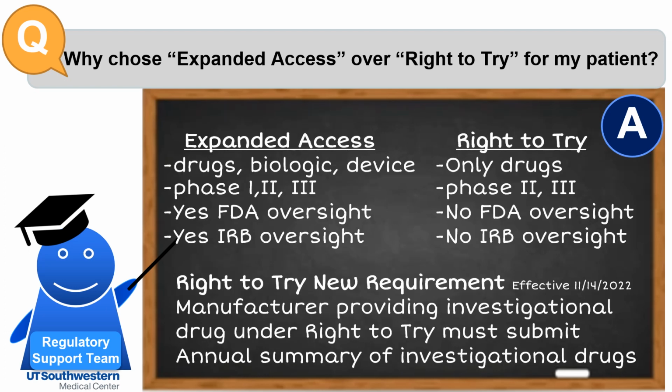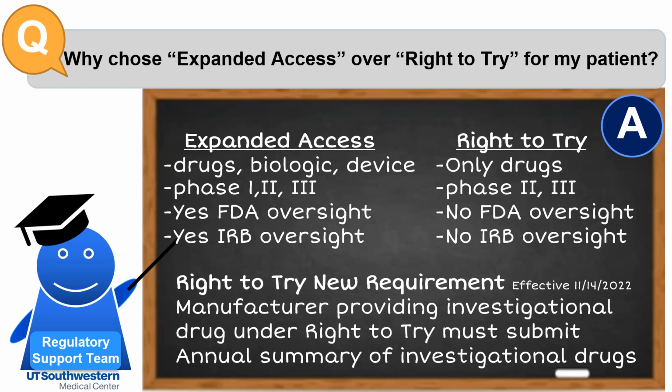Now, why would you choose expanded access over right to try? It's really the choice of the patient and physician, as well as the manufacturer agreeing to provide the investigational product. I summarize the main differences between expanded access and right to try in this slide and the next slide.